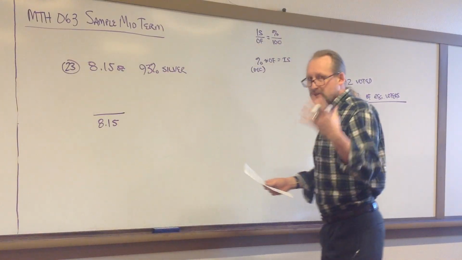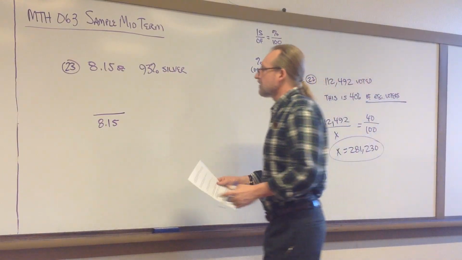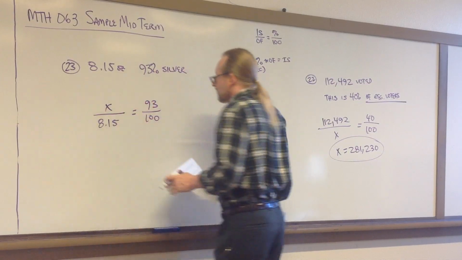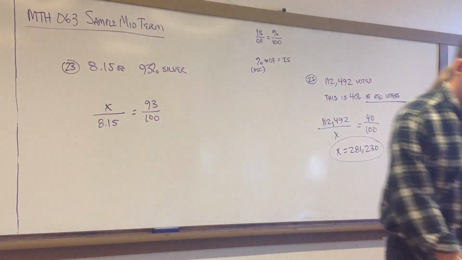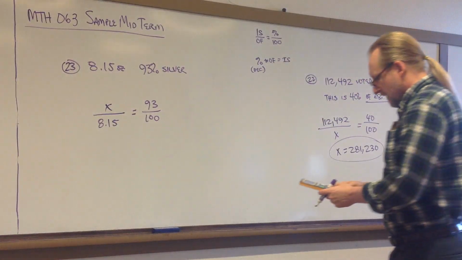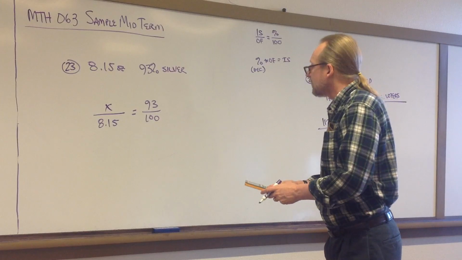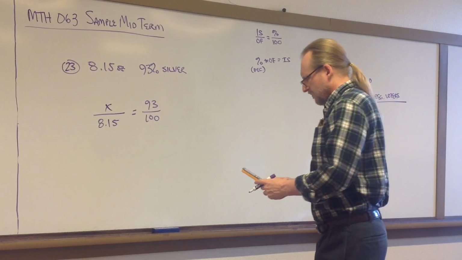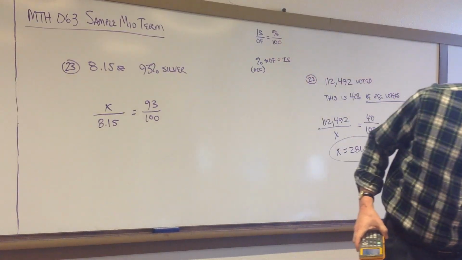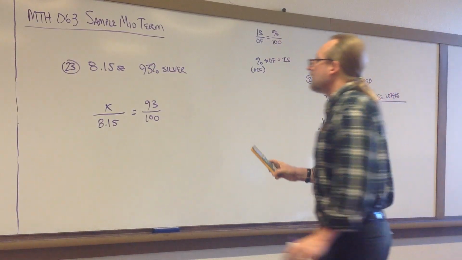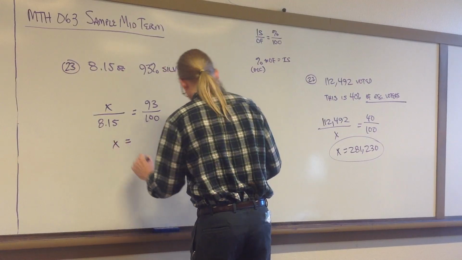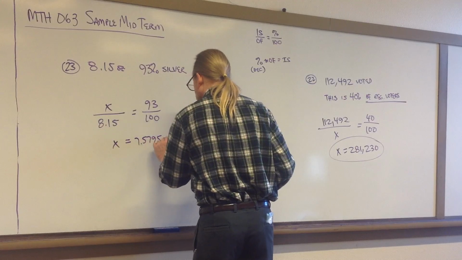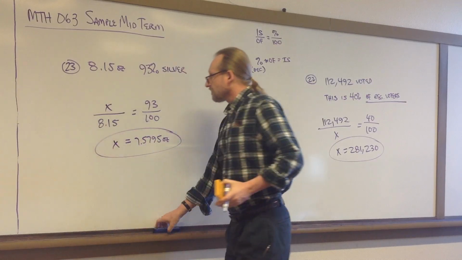The part is the part that is silver, and that's what we're looking for. Over here, the percentage is 93%. And so we need to do 8.15 times 93, and then divide that by 100. Did I put any rounding on here? Nope. So x equals 7.5795 ounces.